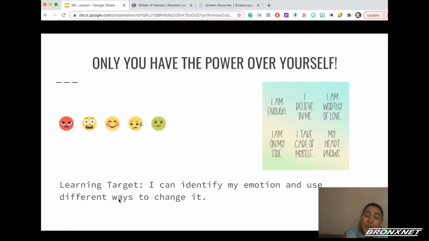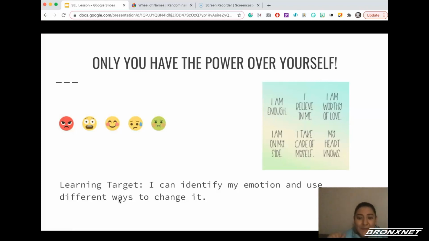Today, we were able to identify emotions by paying attention to our bodies, right? And we found different ways to change it. Some of those ways were to breathe, to draw pictures, to play games with someone. But today, we learned how to use positive self-talk, like I am enough.